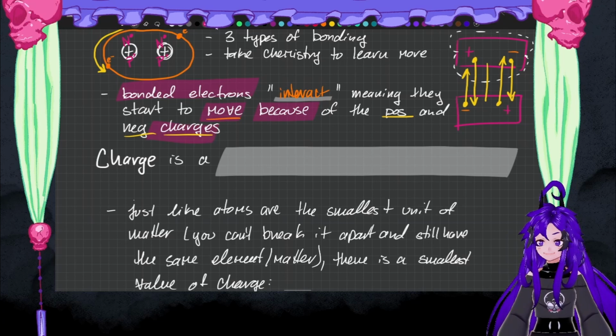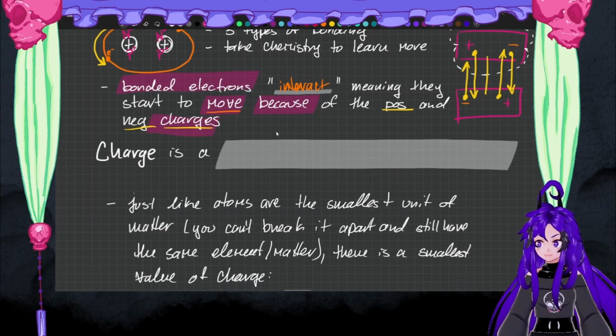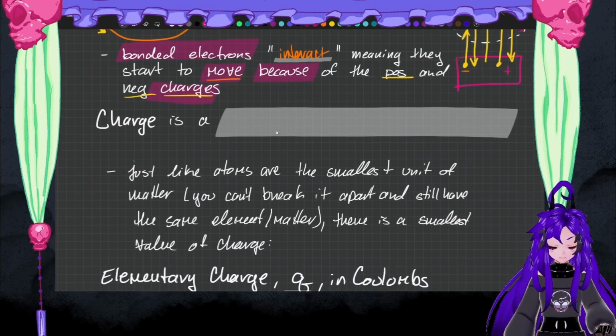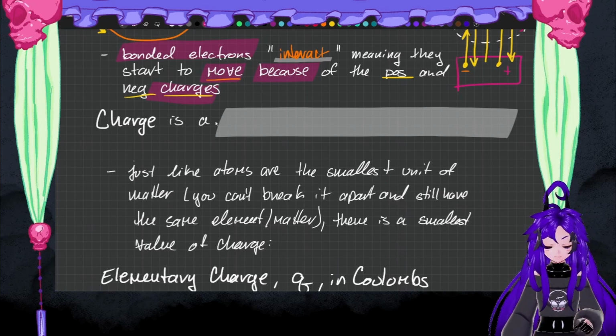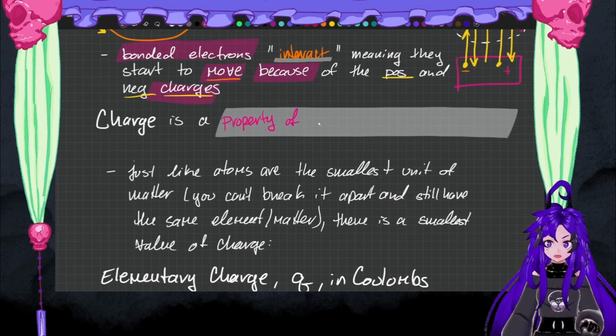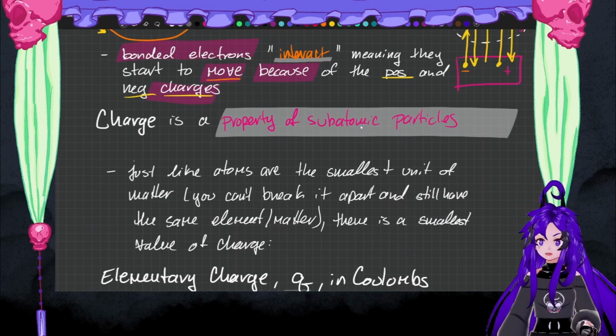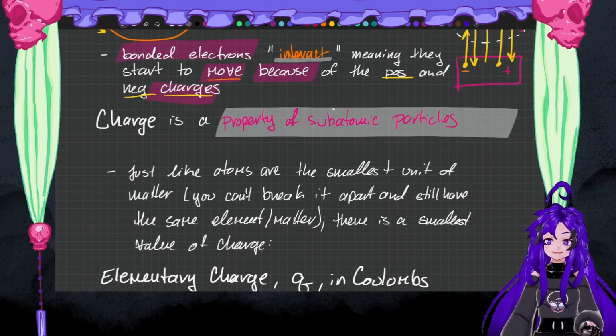So, what exactly is charge, though? We said that we'd talk about that a little bit later, and here we are. So charge is a property of subatomic particles. And subatomic, remember, means that it is inside the atom.